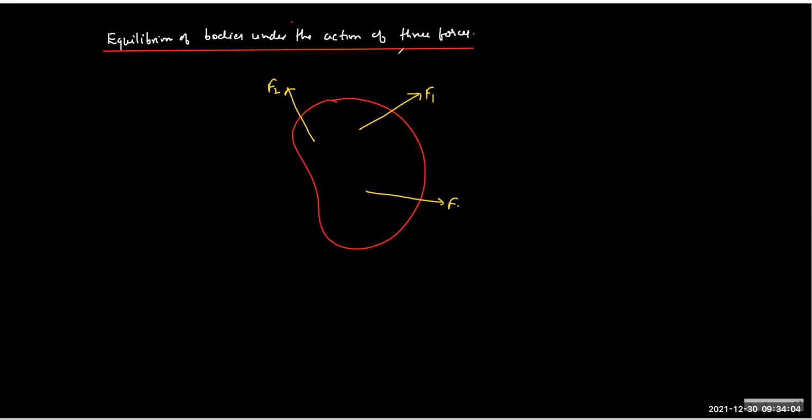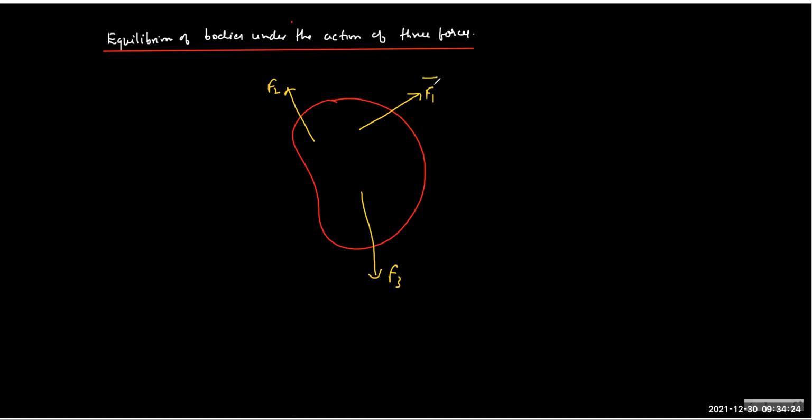It could be anywhere. I want to make sure that the body is at rest and, at the same time, the body does not rotate. So the torque must be zero and the net force must be zero.